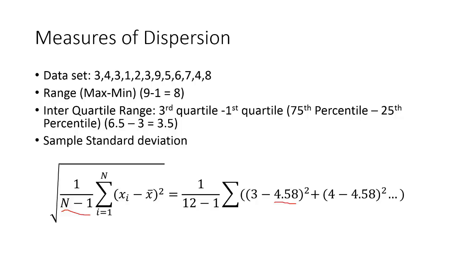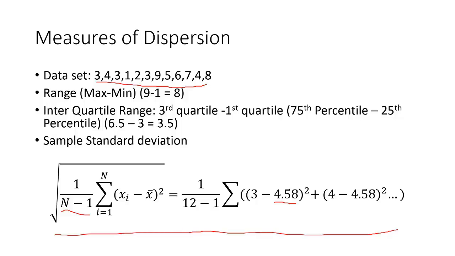So again, we're talking about the case where nobody comes and tells you what the true mean is. So your only hope is to calculate a mean from the data, and you've calculated 4.58. And because this data set is a sample from something else that's generating this data, the right way to do it is the way the standard deviation formula is shown right now.